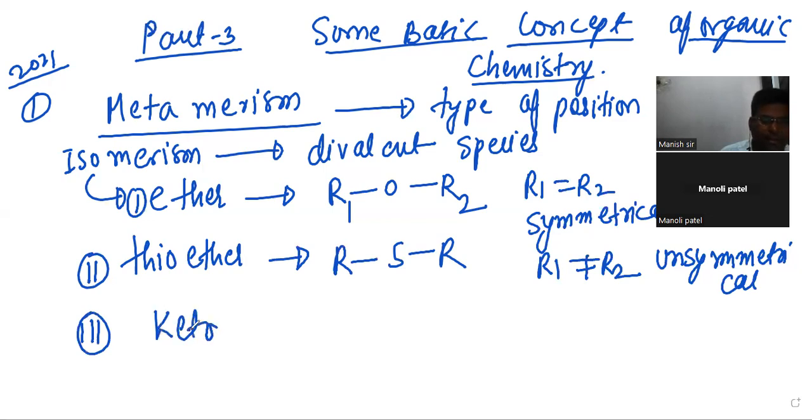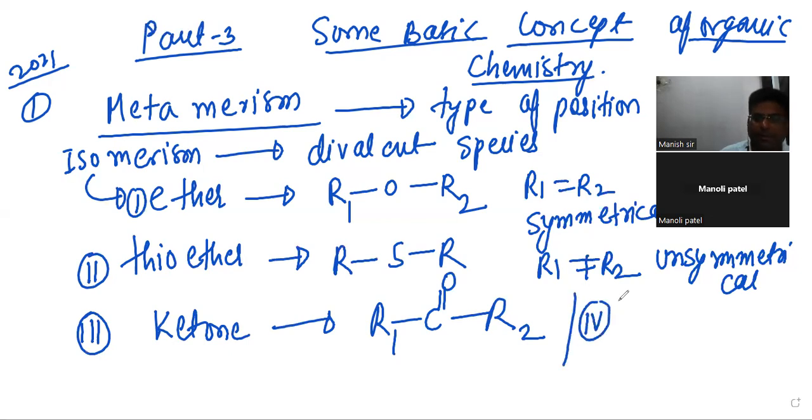The ketone general formula is R-C=O-R, and the two R groups can be different or the same. Next is 2-degree amine, where two R groups are attached to the nitrogen; this can be symmetrical or unsymmetrical. So these are the 4 compounds which show metamerism.